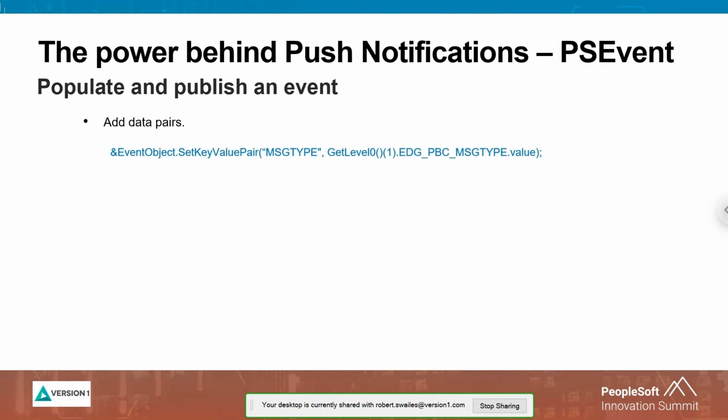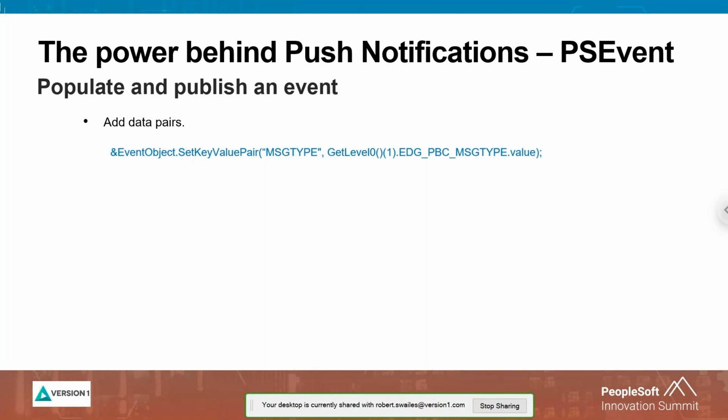So we've subscribed to the event. We've started the event. So now we have to actually populate our event and publish that event. First up, as I said, there are 2 methods. You can use the set row set rather than the set key value pair, but that's what I'm using here.